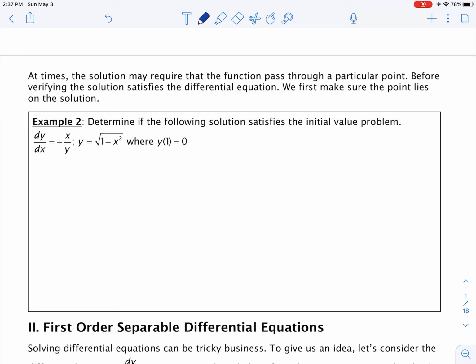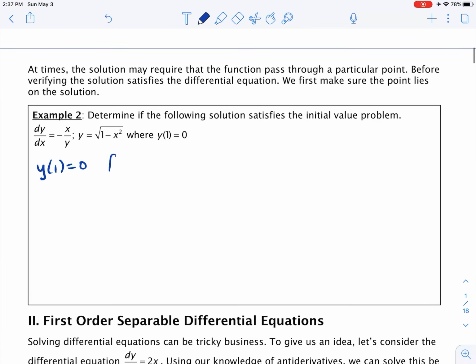So first, we would want to make sure that the point lies on the solution. Here we're still verifying: is this function passing through a particular point the solution to the differential equation? So I'm first going to establish here, does y(1) equal 0 for y equal to the square root of 1 minus x squared?